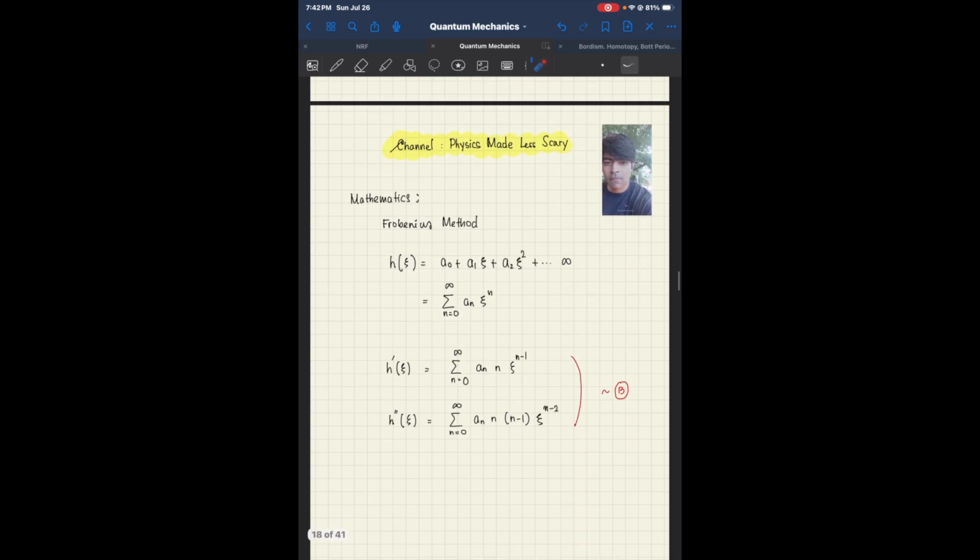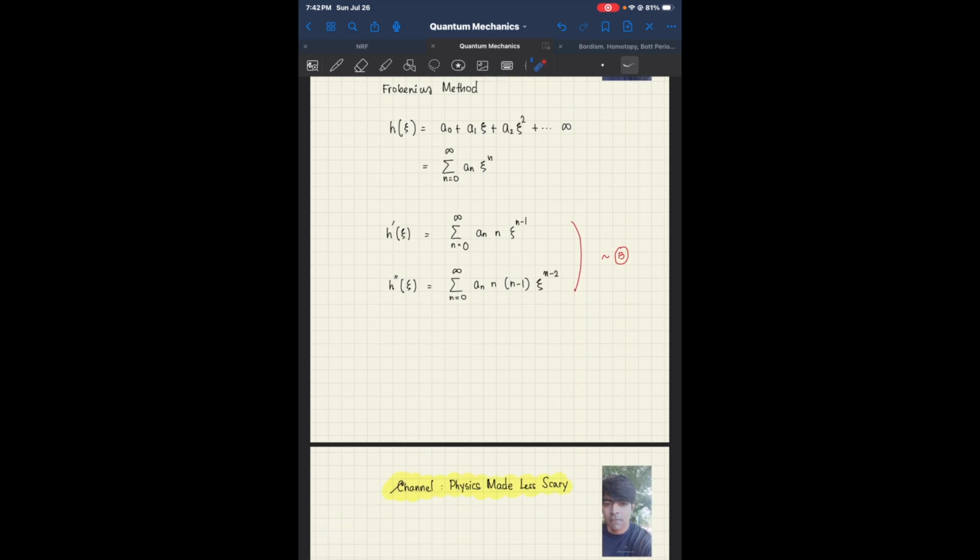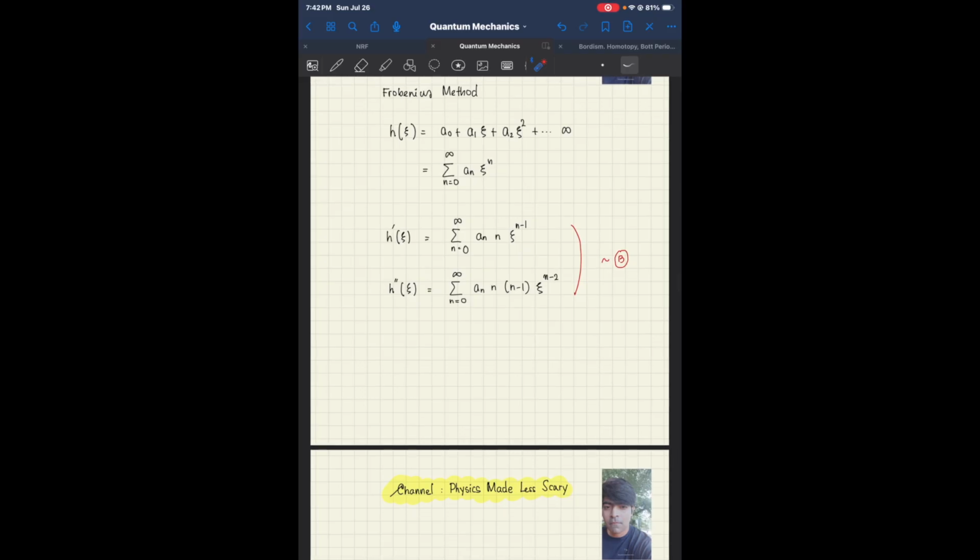Because this is the differential equation you are trying to solve, right? So this immediately will give you n plus 1, n plus 2, a n plus 2, minus 2 n a n plus k minus 1 a n, times psi to the power n equal to 0.